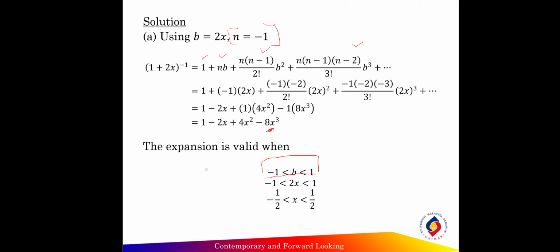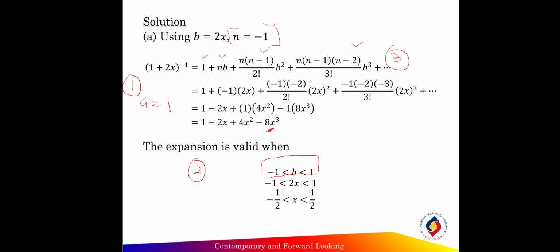Two things I want you to remember. The first thing is you have to make sure the a is 1. Second, in order for the expansion to be valid, the b must be between negative 1 and 1. Besides that, you also need to remember the expansion formula.